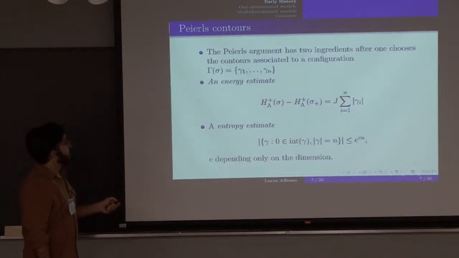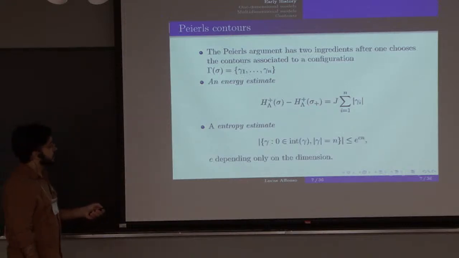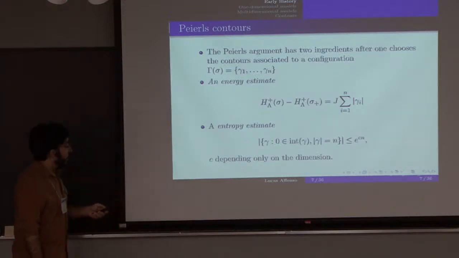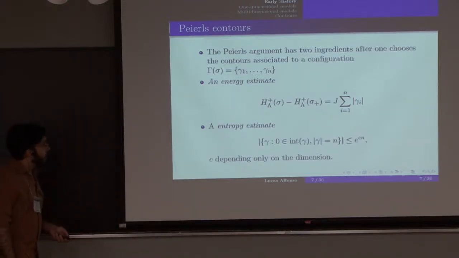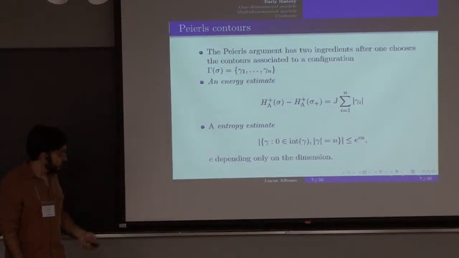For a given configuration, if you associate a family of Peierls contours as we showed previously, then the energy normalized by the energy of the ground state is exactly the sum of the length of the contours. And then you also need an entropy estimate counting how many of these you can see. And after this, with an energy estimate and an entropy estimate, you can show the phase transition.